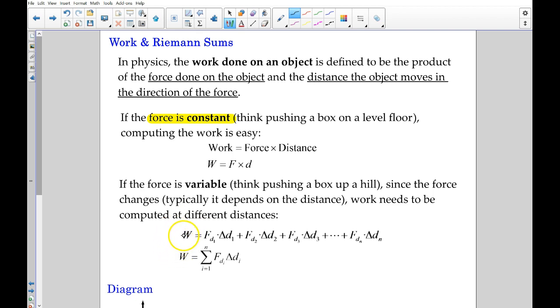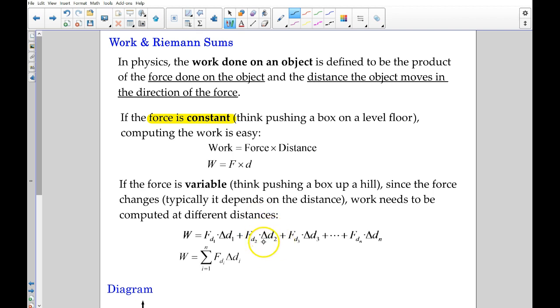So the mathematical way we can represent this is using that same idea that work is force times distance. We can determine the force over some distance, and then that force is multiplied by the change in the distance. Then for the next segment of distance that you travel, perhaps it requires a little bit more force, so you determine the force for that period, and then determine how far that force was applied over.